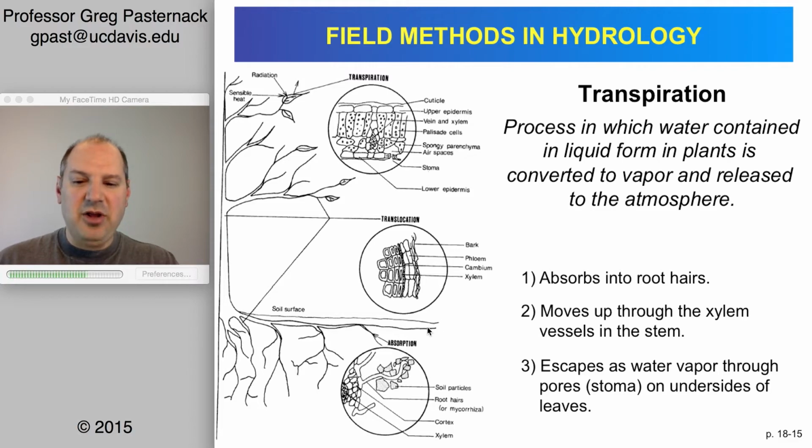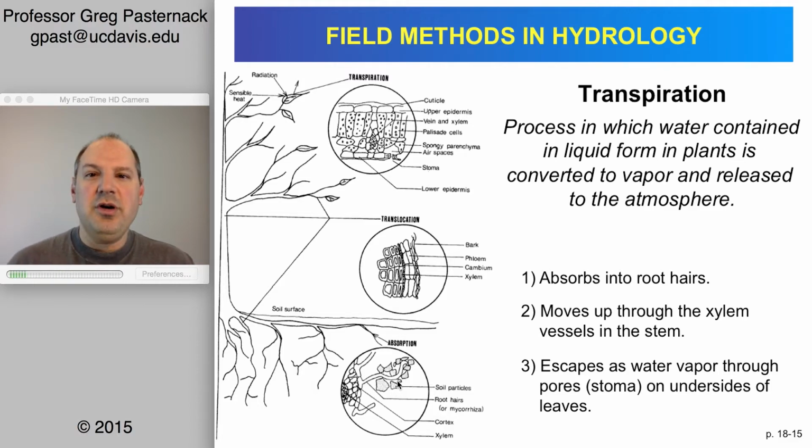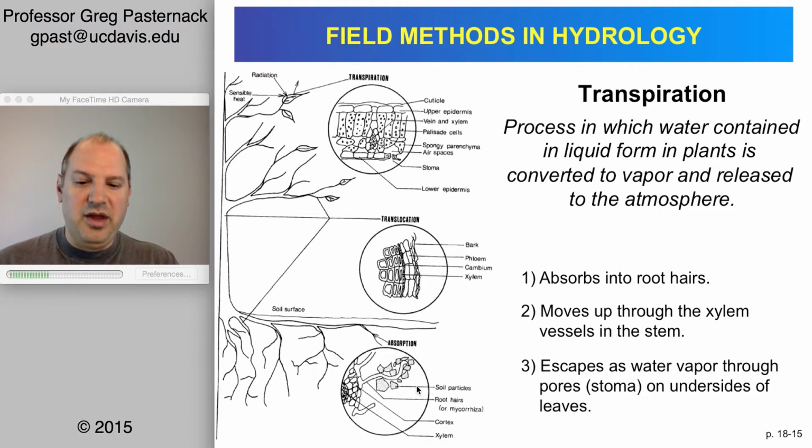So let's begin by looking at the soil surface. At the soil surface, there are root hairs, and the root hairs are going to be receiving water very similarly to everything else as a result of a concentration gradient, with lower concentration in the plant and higher concentration in the ground, the soil around it.